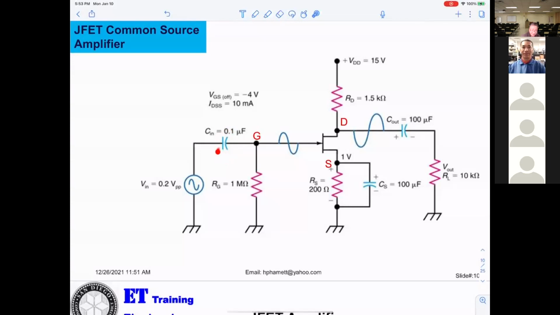The capacitors here, C in and C out, are AC coupling or DC blocking. And the capacitor here is a bypass capacitor. The question is, bypass what? That tells you that for AC, the current does not go through RS; it goes through the capacitor to the ground.